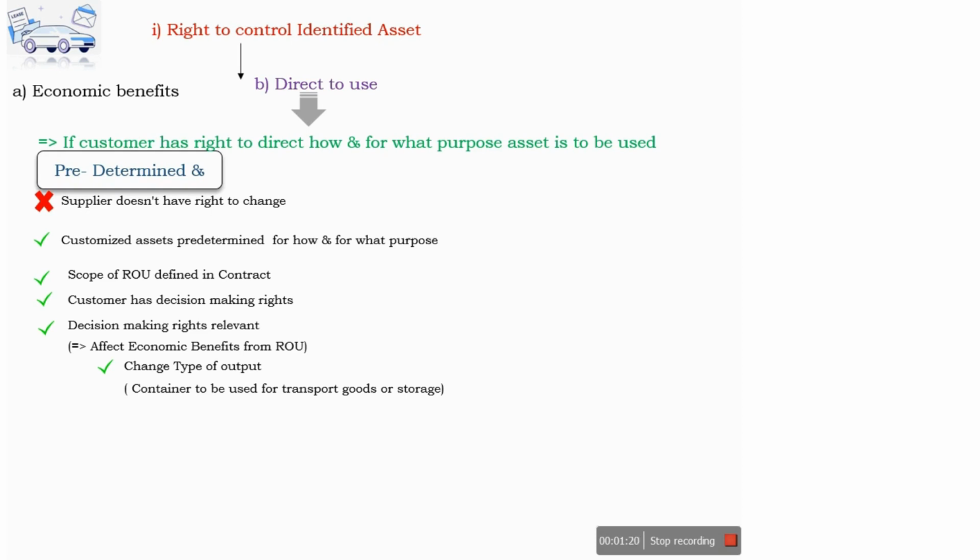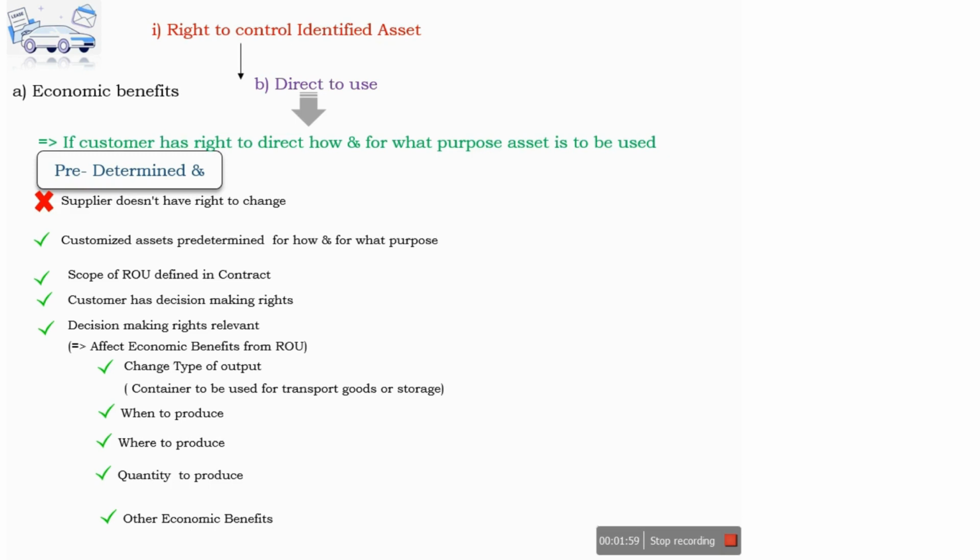For example, in case of a container, whether it is to be used for transport of goods or for storage of inventory or fixed assets, if the customer has the right to decide the usage of the asset, it is considered as having the right to direct the use. Another example may be when to produce, where to produce, how much quantity to be produced, and other economic decisions. If the customer has the right to decide all these things, it will be considered that the customer has the right to direct the use.